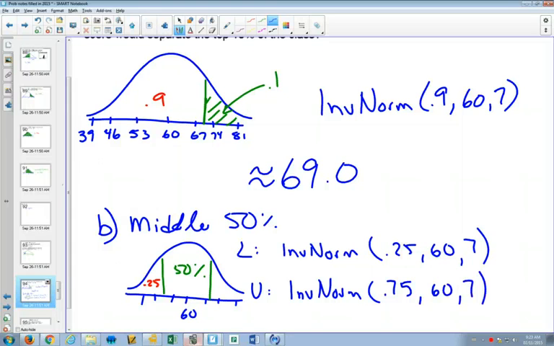Because you got that 25% plus the 50%. And then whatever scores you would get. Does anyone have those scores? 55.3 and 64.7.